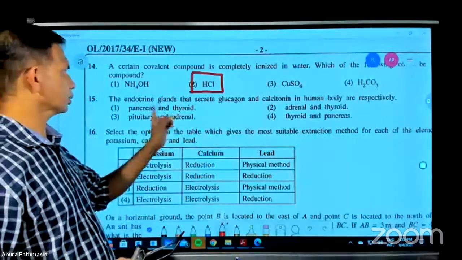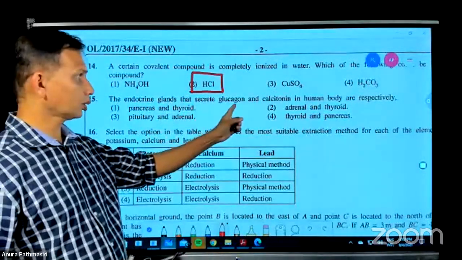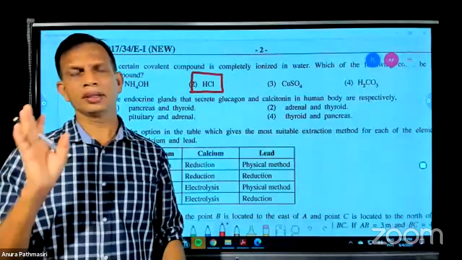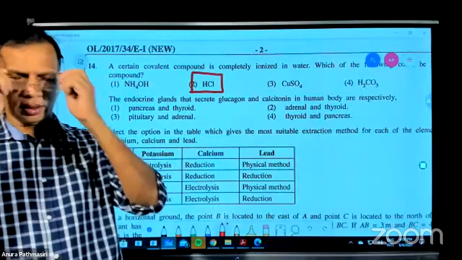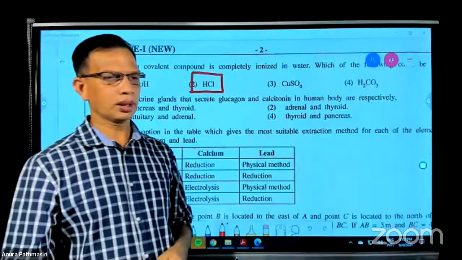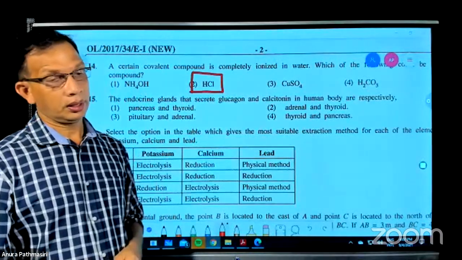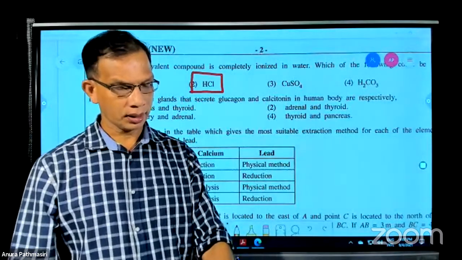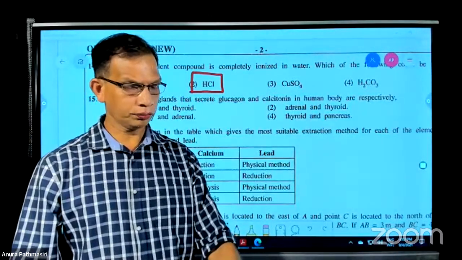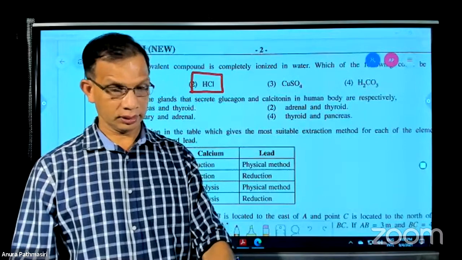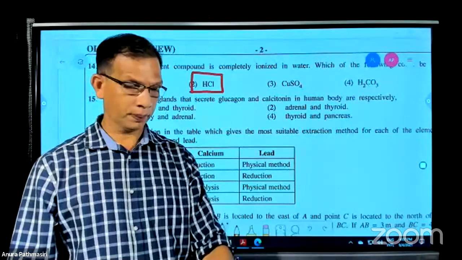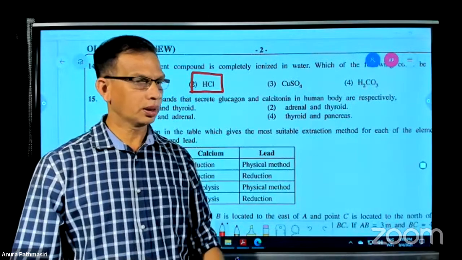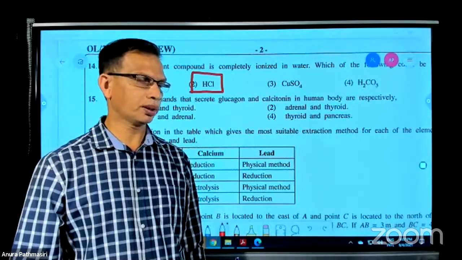So the pancreas and thyroid are the endocrine glands that secrete glucagon. Glucagon is secreted by the pancreas, by cells we call the isles of Langerhans in the pancreas, which are involved in these secretory matters.